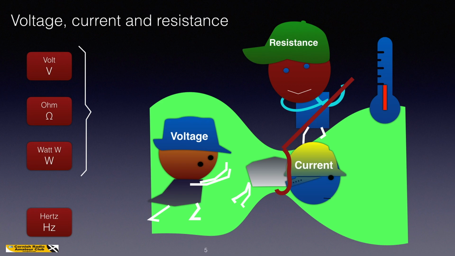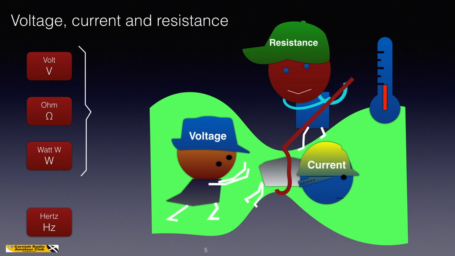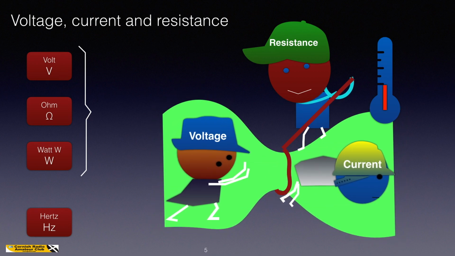is opposing the current. So the animation of the graphic shows the voltage pushing the current around the circuit and the resistance trying to constrain the current from flowing around the circuit. So we say that the voltage drives the current around the circuit and resistance is the opposition to current flow.